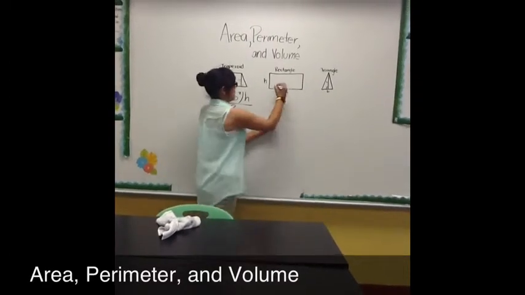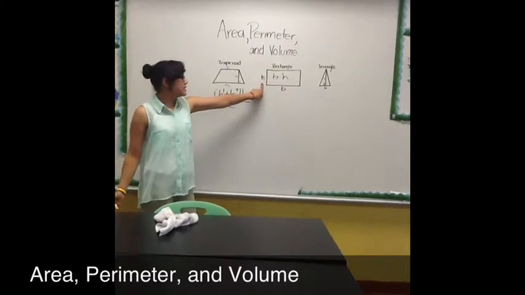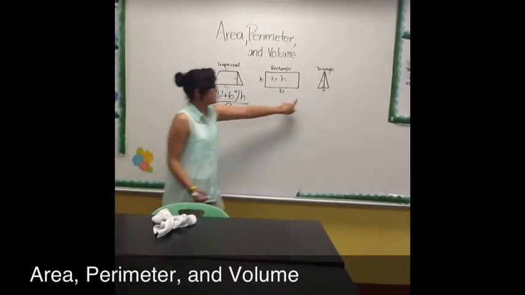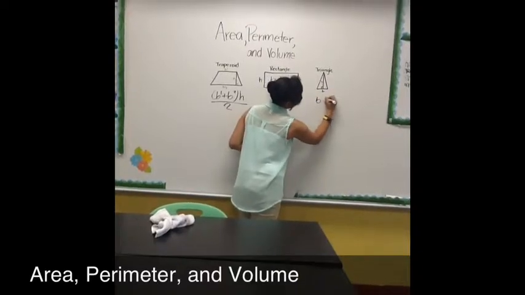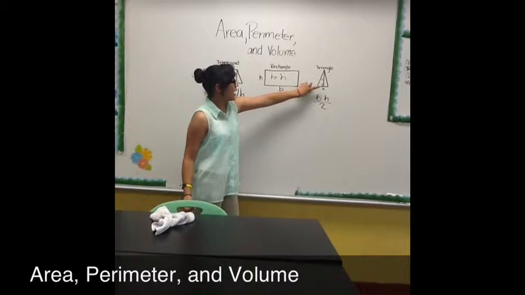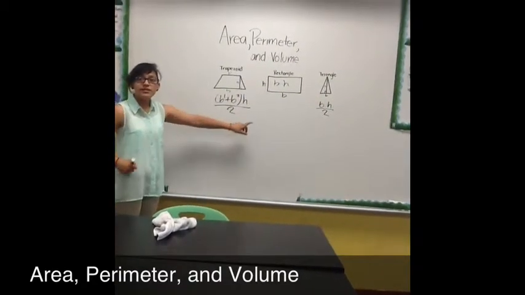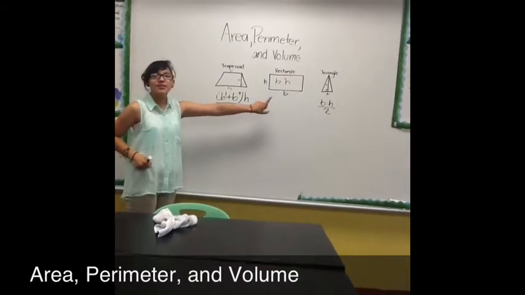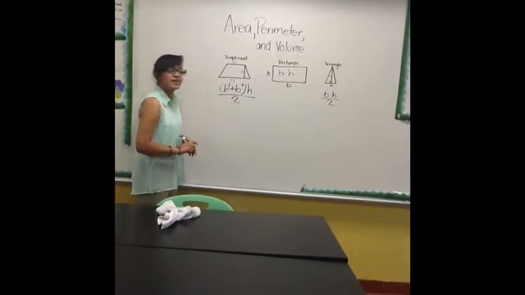The area of a rectangle is base times height, where this is the height and this is the base. The area of a triangle is base times height divided by 2, where this is the height and this is the base. Now these are the formulas, and once you have all the numbers in the proper place, you plug in the numbers and solve for the area.